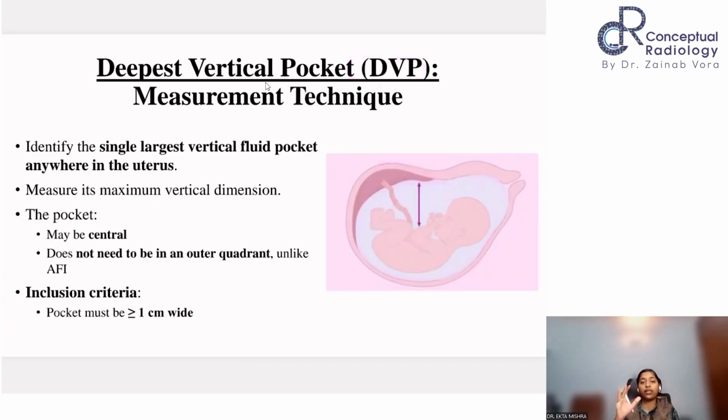So if you have a central pocket of fluid, you can use the DVP technique. In AFI, you tend to measure the quadrant, so you often miss the central part. So the pocket can be central in cases of DVP. Again, the inclusion criterion is the same.